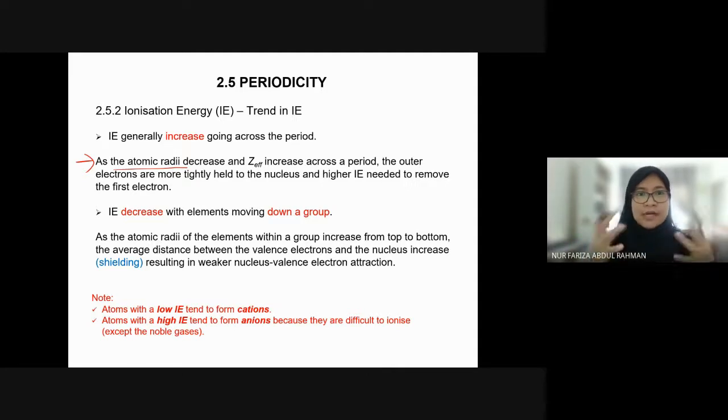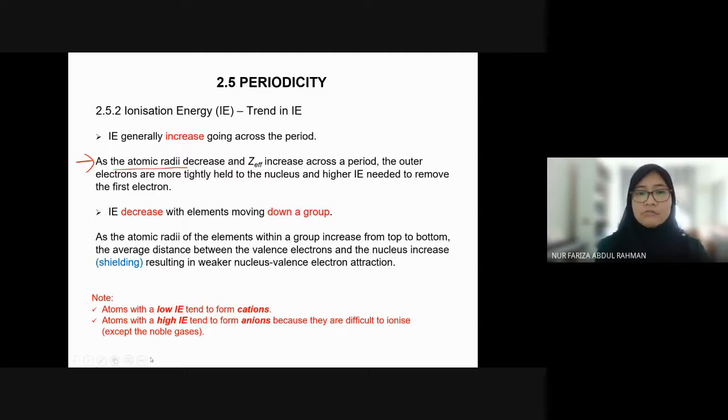The size becomes larger. When the size becomes larger, the attraction becomes weaker. Is it more difficult or easier to remove the electron? Easier. It should be easier to remove because the attraction has decreased.